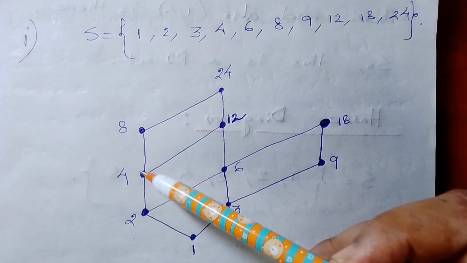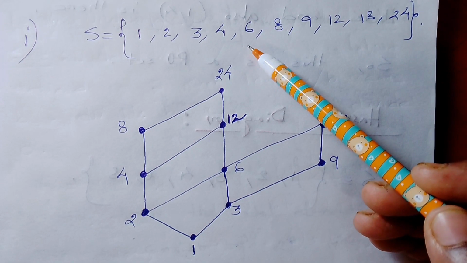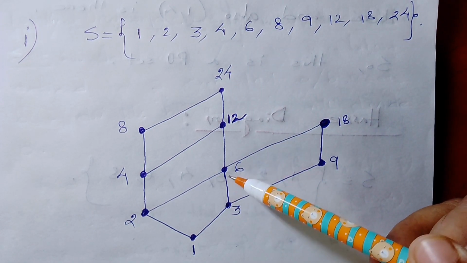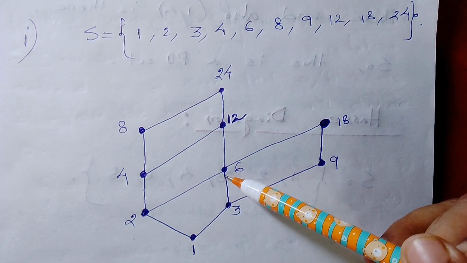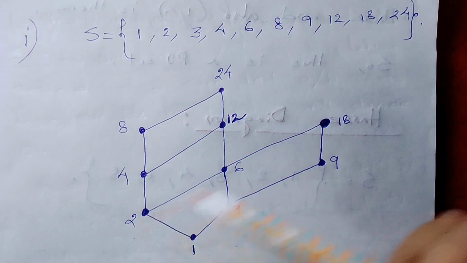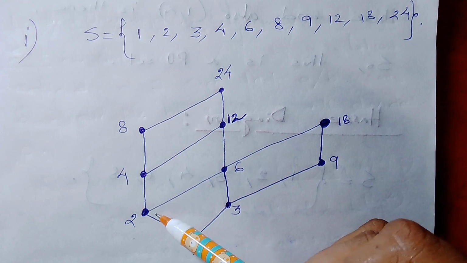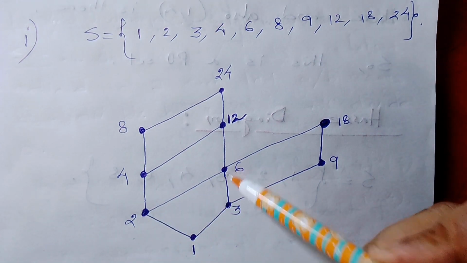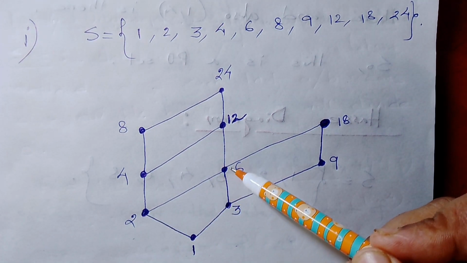Then we will check the next element, 6. So 3 will divide 6. Now 2 will also divide 6. Then we will join 2 to 6 and 3 to 6.